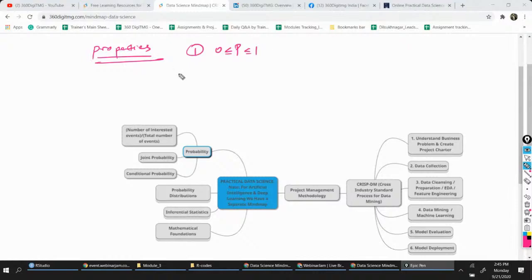Probability cannot be less than 0. The lowest value it can take is 0. That means when you are rolling a die, for example, and if you say the probability of you getting 1 is 0, that means you roll the die an infinite number of times and you never get 1. Right?